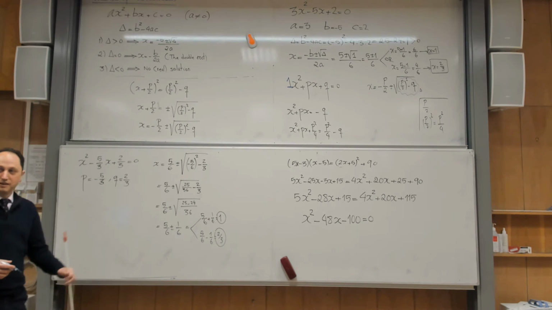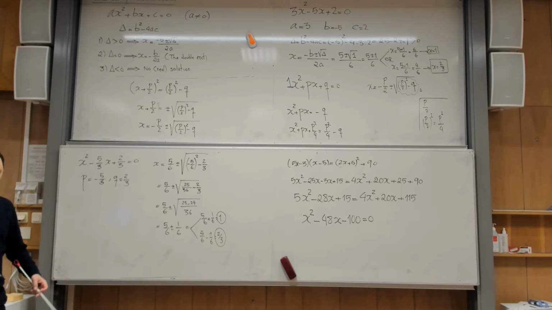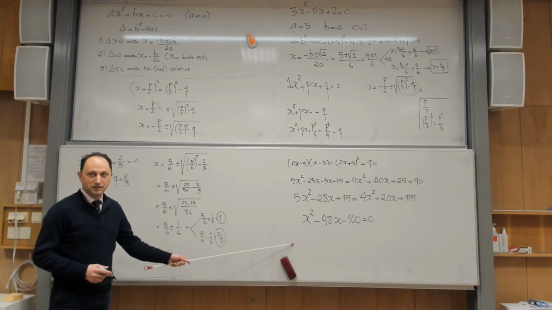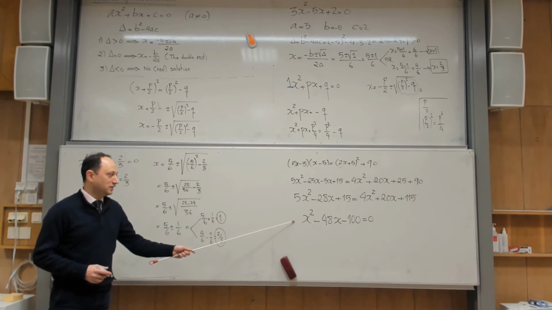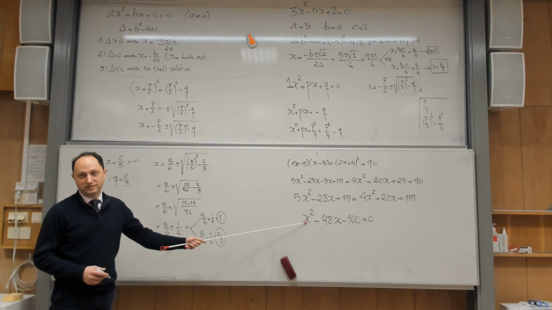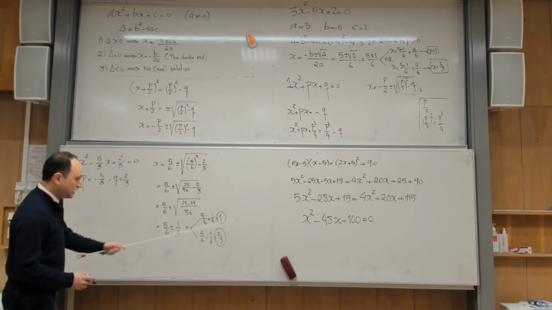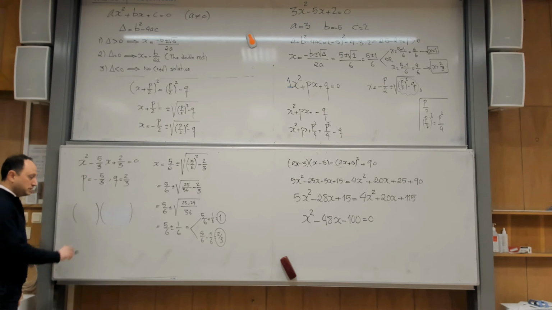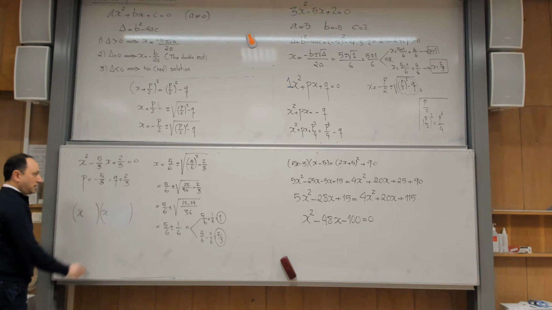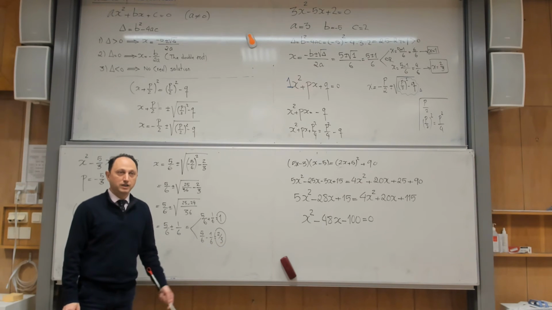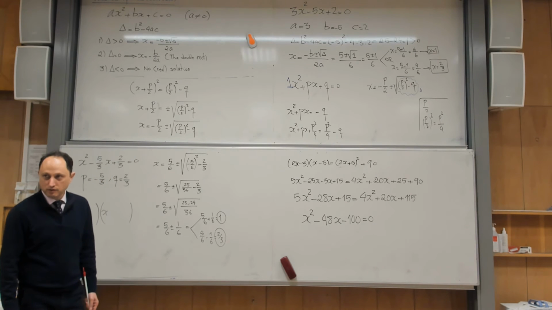I want to solve it using ABC formula, but I'm trying to say that especially when this is 1, instead of using ABC formula, I think PQ formula is better for this one. But if you can guess those numbers, you can say that I can factorize it. I put an x here, an x there. I ask myself, I need two numbers so that the sum is minus 48 and the product is minus 100.